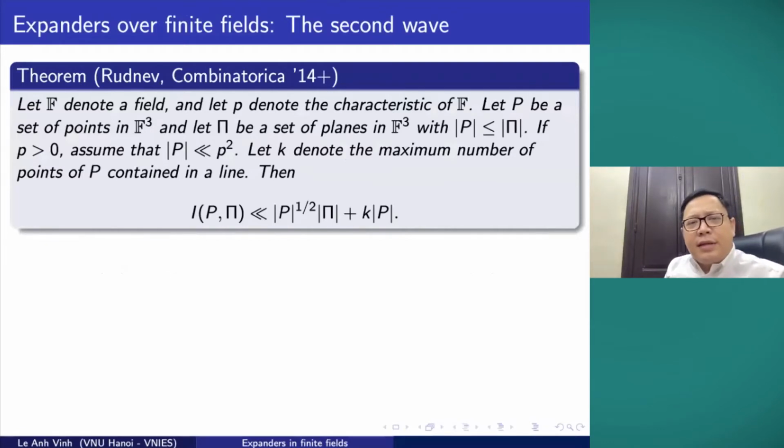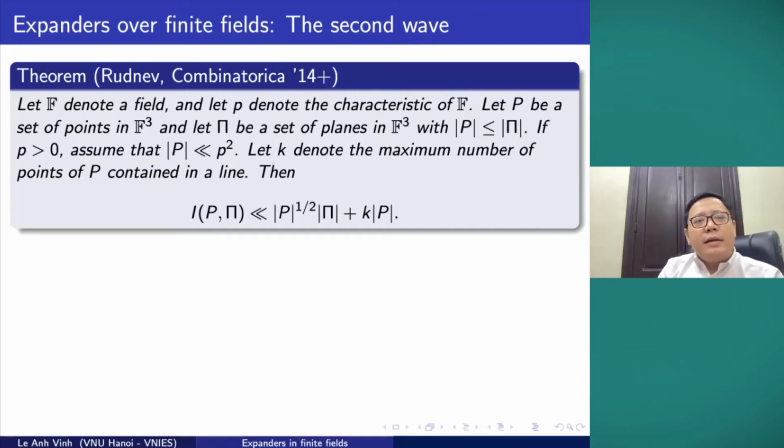And the result is given by Rudnev, and I think it's very familiar to most of the participants in this seminar, because it has a lot of applications, and I will not go into the details, but basically it gives an improvement on the upper bound of the incidences between a point set and a plane set over a finite field and any field in the space.